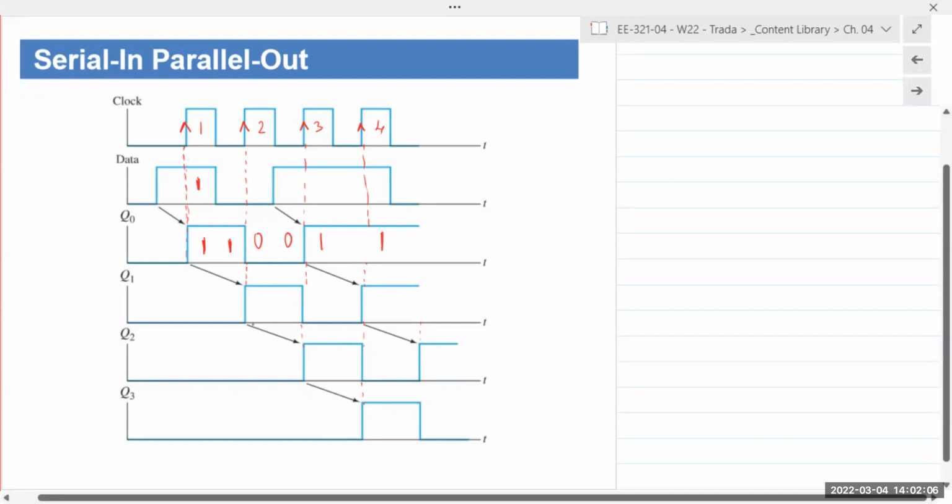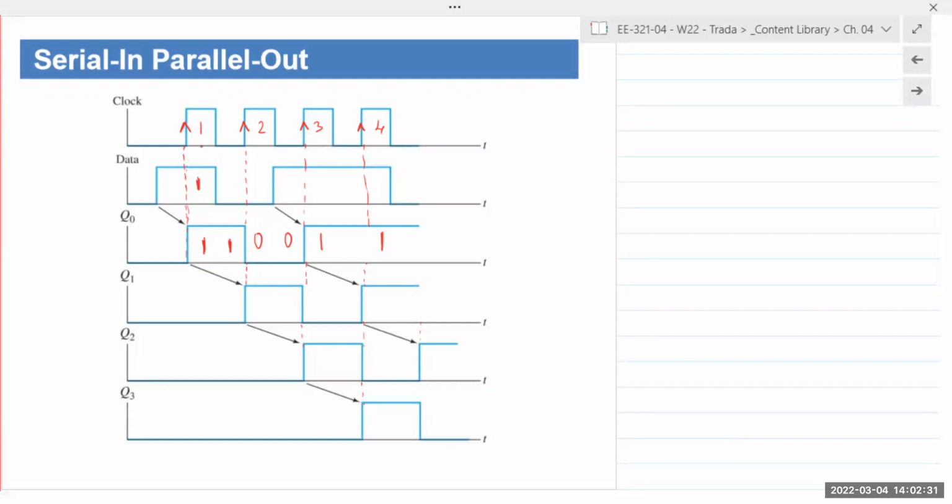And then Q1, Q2, and Q3, so on and so forth, will only change when the next clock pulse arrives. So Q1 is activated when positive edge trigger 2 arrives. Before, in the first one, all flip-flops are activated, right?